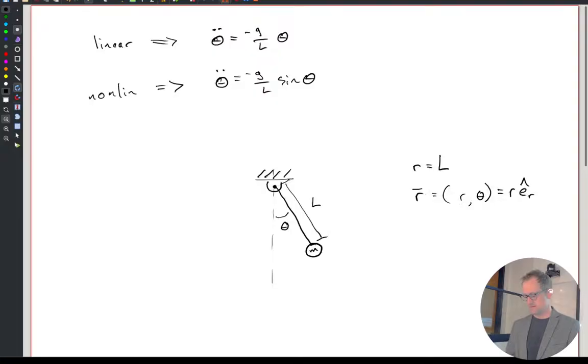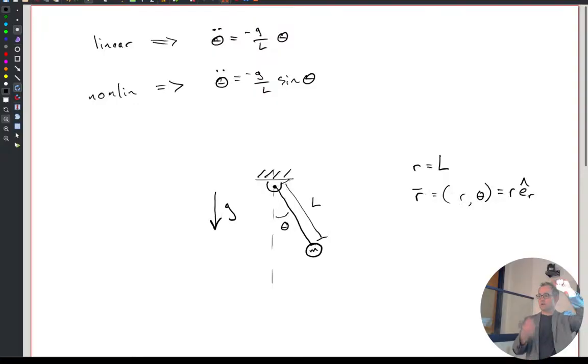We're looking at acceleration, theta double dot. If you look at the non-linear one, G over L sine theta, when it's directly vertical, that value is 0, because gravity's not actually moving it. R is constant.